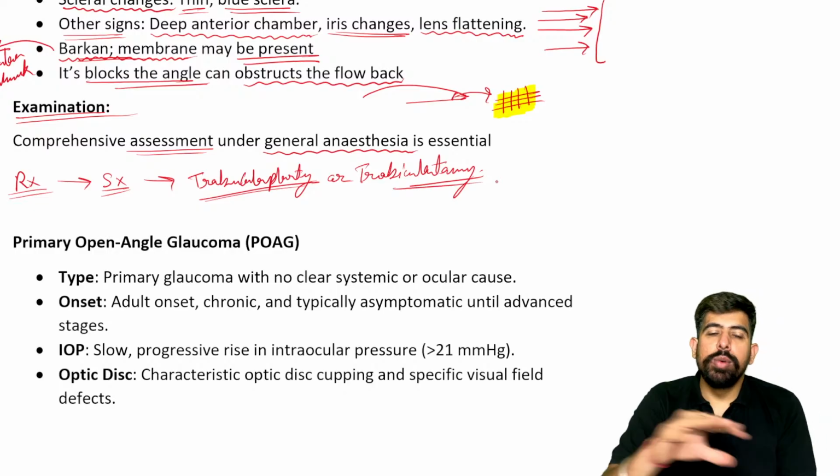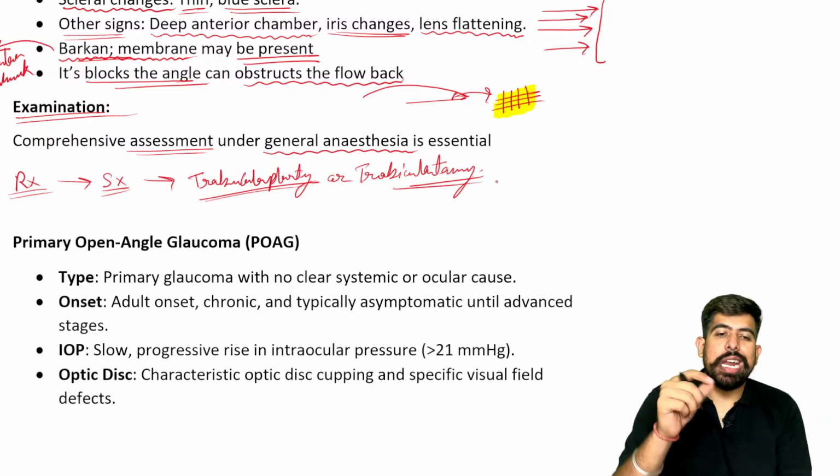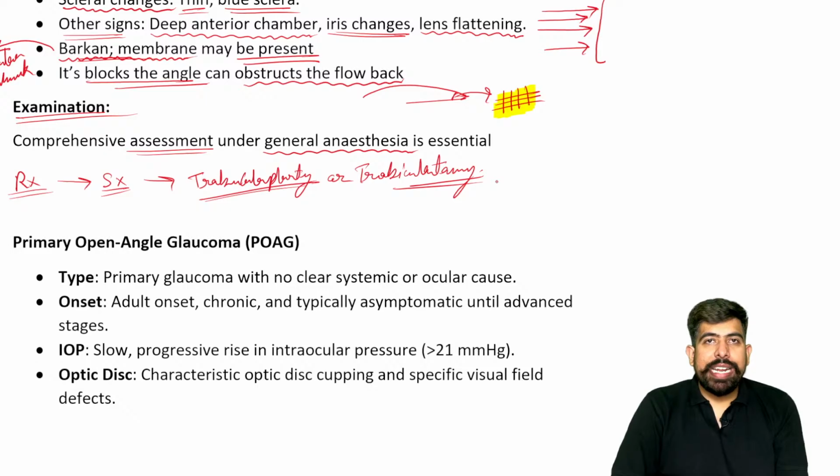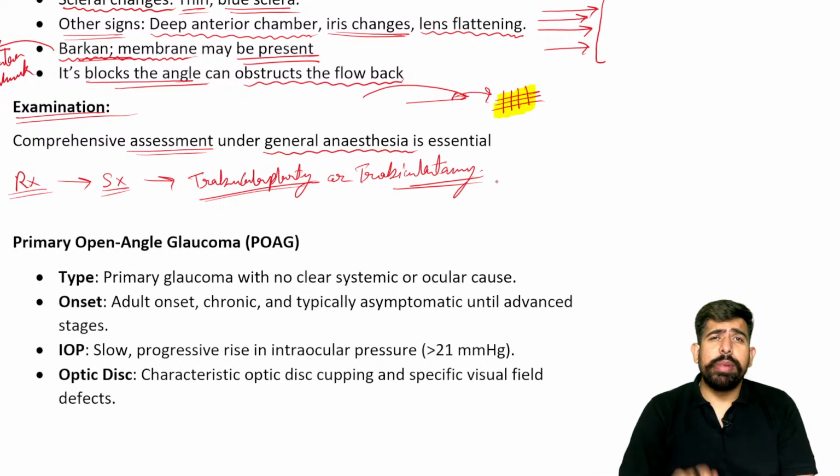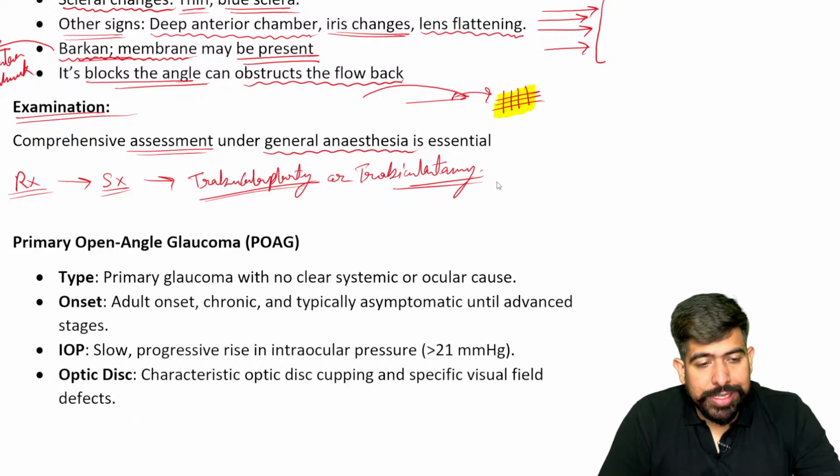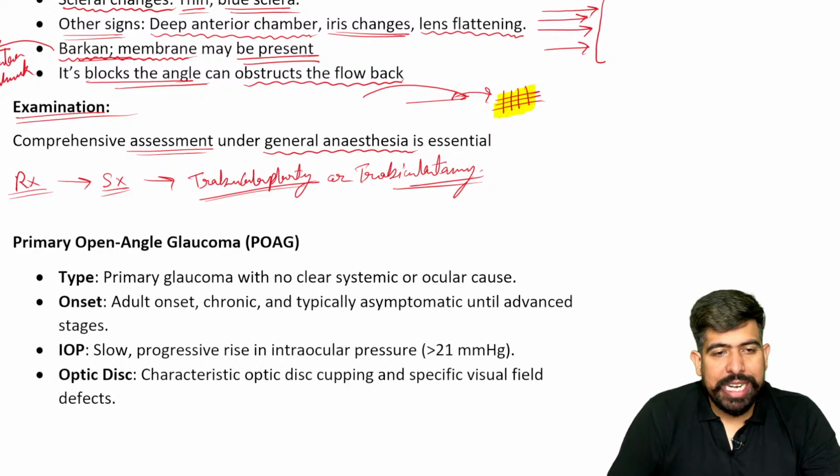We can remove this trabecular meshwork, or we can do the trabeculoplasty of this. We can repair this trabecular meshwork so that this aqueous can flow out, right? So surgery is the only possibility. These are the treatments for congenital glaucoma.